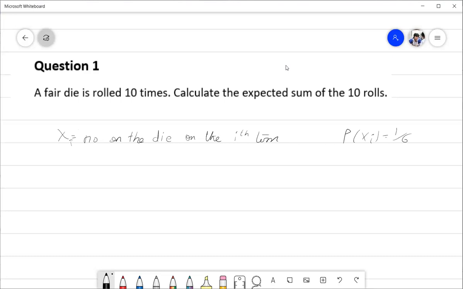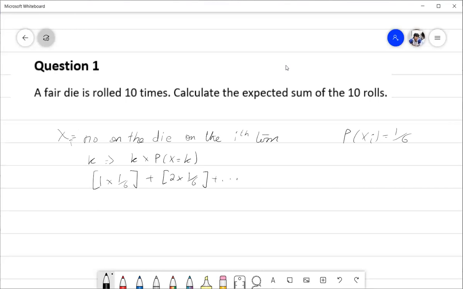Now, how do I find the expectation for one roll? The format is, if I have the number k, it will be k times the probability of me getting k. So if it's 1, it will be 1 multiplied by the probability of me getting it, 1/6. Likewise for 2, it will be 2 times, again, 1/6, because the probability is the same.